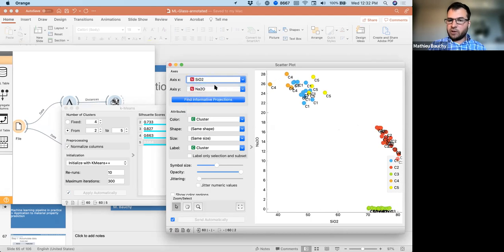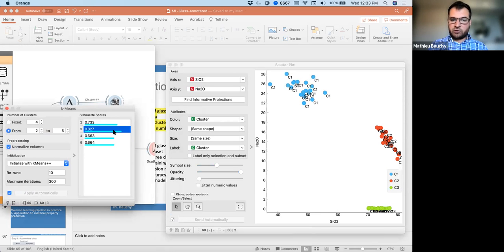But maybe if we look at other variables, like for example SiO2, now it's clear that the orange ones are the ones that have really low silica, and the yellow ones are the ones that have a little bit more silica. So when you look at different variables, you can try to make more sense of why the clustering algorithm found the clusters that it has found. But still, in this case, the best number of clusters is 3.